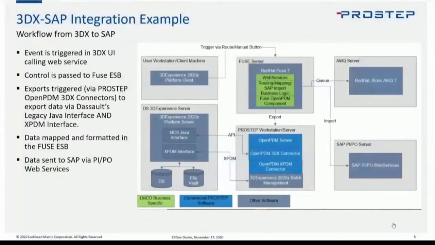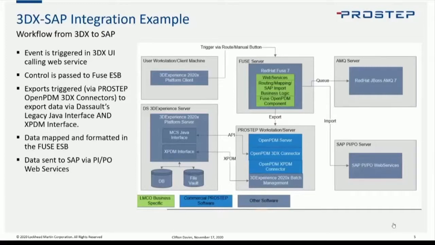PROSTEP then takes the data brought into Fuse and performs their operations and formatting and translations and logic as dictated by the Lockheed Martin specification to translate it into the forms that our version of SAP needs and send it to the correct location.